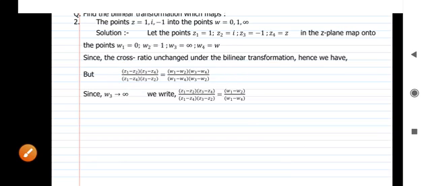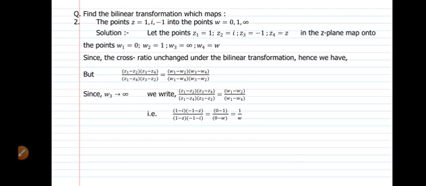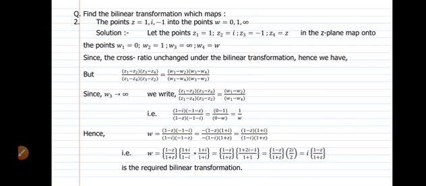If one of the points given either in the z plane or w plane is infinity, you have to apply this property of bilinear transformation. And now substituting the given points in this simplified ratio and simplifying, you will get w in terms of z as w equal to i into (1 minus z) upon (1 plus z).